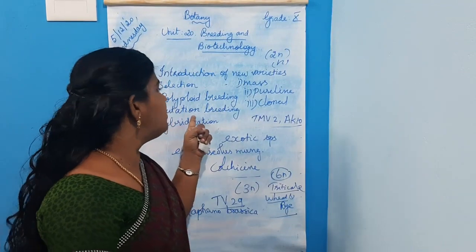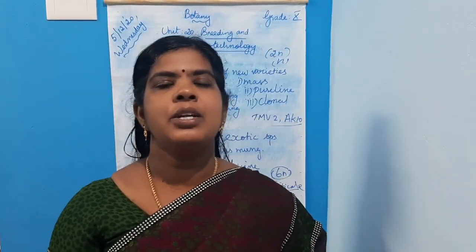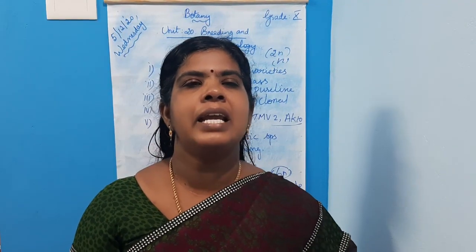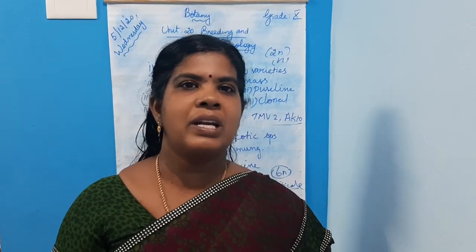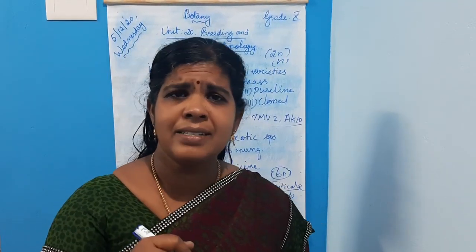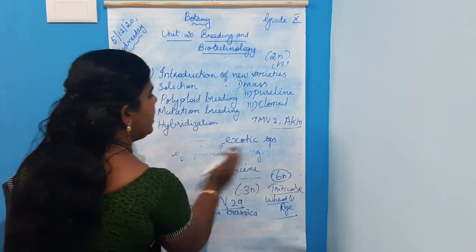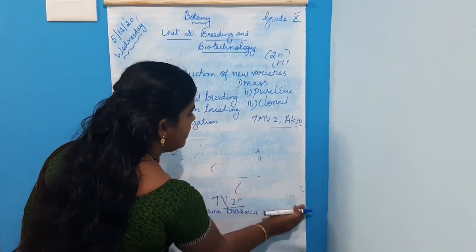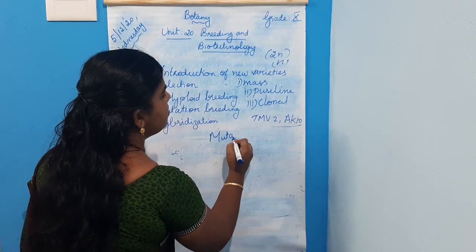What is that? Mutation breeding. A sudden heritable change in the nucleotide sequence of DNA in an organism, or sudden change in the genetic setup of an organism, is called mutation. It can bring about changes in an organism. The organism which undergoes mutation is called a mutant.